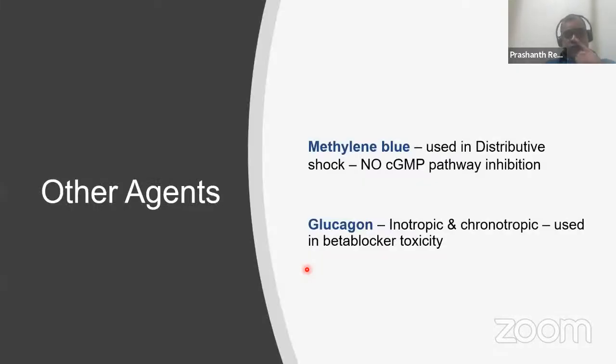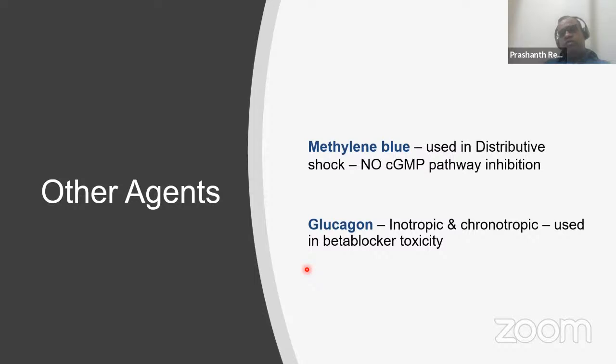Other agents which are used include methylene blue. Methylene blue is used in distributive shock, especially septic shock, where the nitric oxide cGMP pathway has a significant role in leading to the shock.